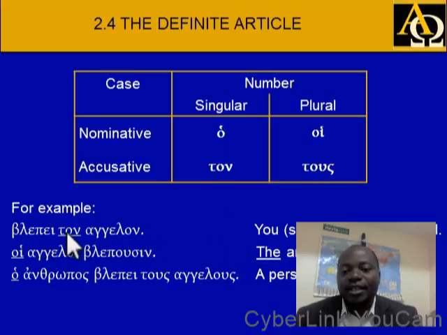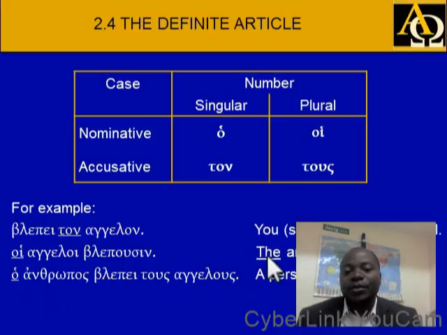You see the angel. If there is no definite article, it's automatically an angel. So there is no indefinite article in Greek. You assume that already. And then hoi angeloi blepousin, the angels see, or the angels are seeing.